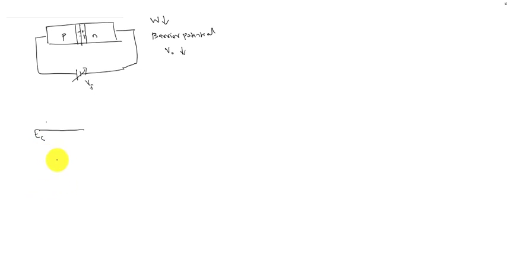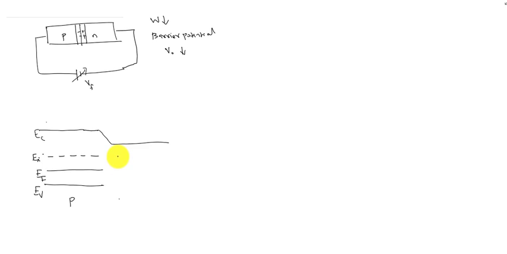So this is EC and this is EV, and this is the location of EF, and this is EI, on the P side. The QV0 value is decreasing, and the Fermi level will be moving upwards.